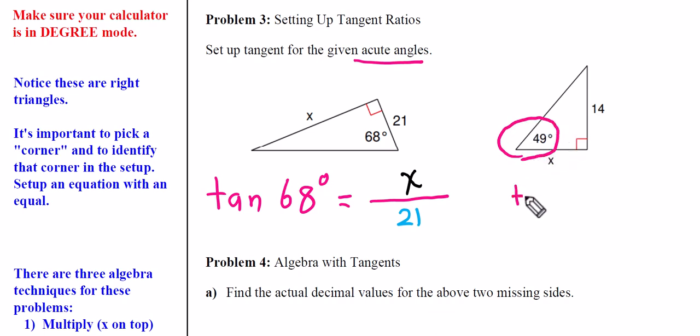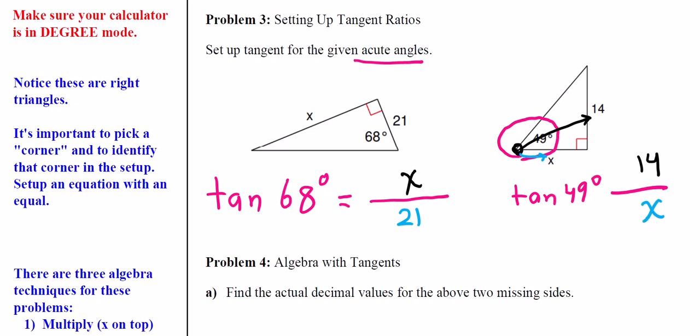So we're going to say tangent of 49 degrees. We're going to set up our fraction. If I'm standing in this corner right here, what street do I see across from me? What side do I see opposite? What street am I on? What street am I adjacent to?